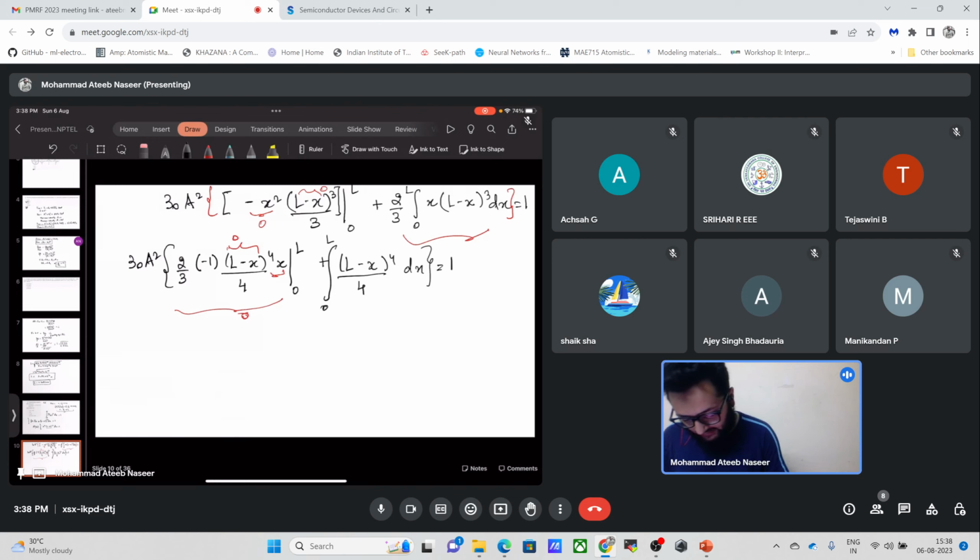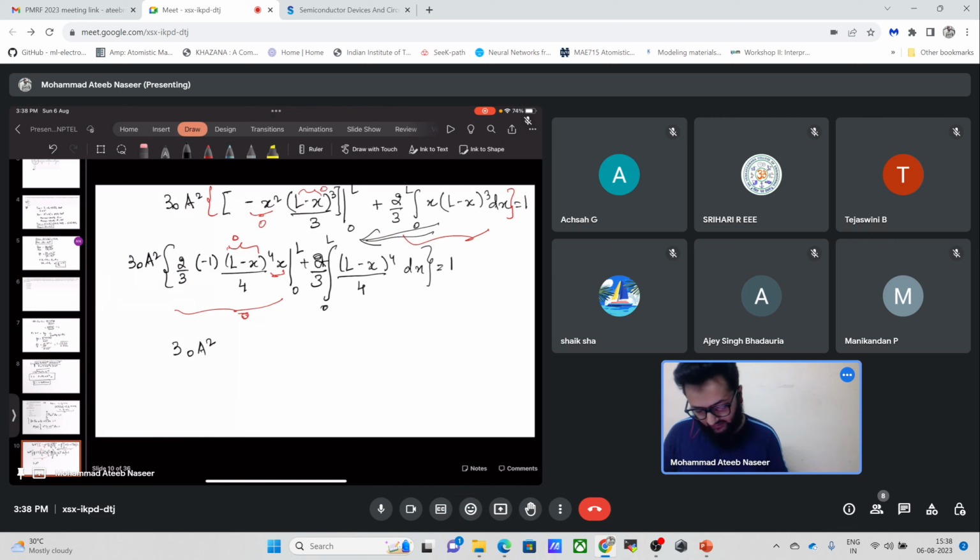Now we are left with 30 a squared divided by, have we skipped something? Yes, this 2 by 3 is missing, I guess. Since we solved this thing over here, this 2 by 3 should have been over this place as well.